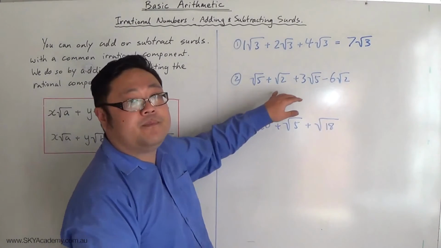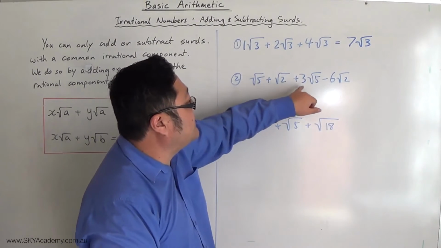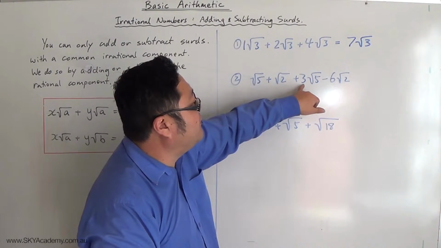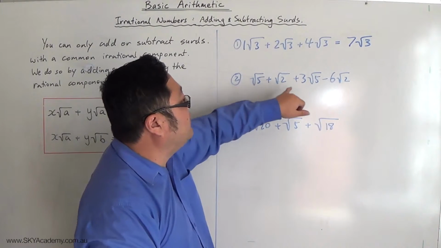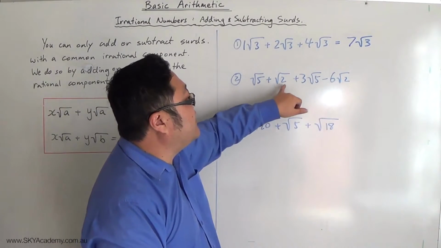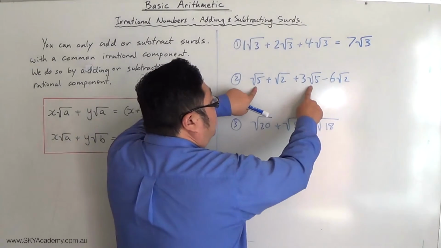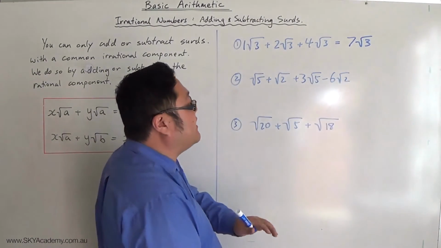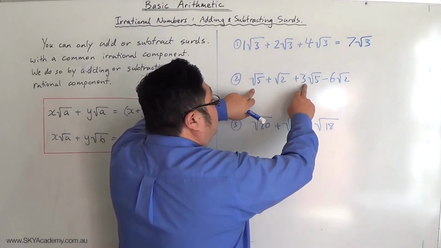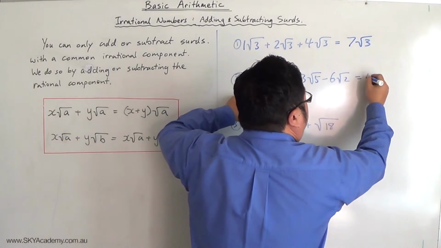Now this one, alright, you can add the root 5s and the root 5s together. So you've got 1 root 5 plus 3 root 5s, but you can't add the root 2s to the root 5s. You can only add the root 2s with the root 2s. So basically these two you can add together, these two you can add together, and they will simplify like that. So 1 root 5 plus 3 root 5s gives you 4 root 5.